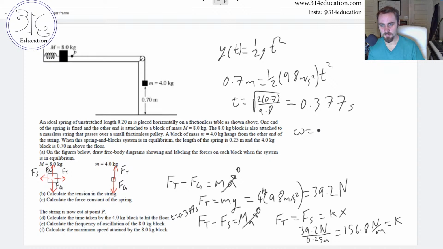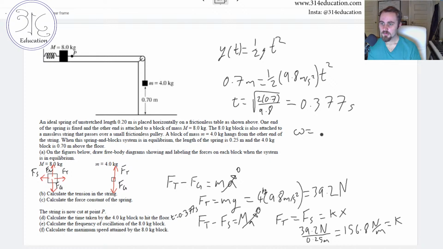Do they want us to divide by 2 pi? I probably wouldn't usually, but I think they do want us to in this case, because this would then put it in terms of, instead of radians per second, oscillations per second, which makes sense for frequency of oscillation. How frequently do we oscillate?